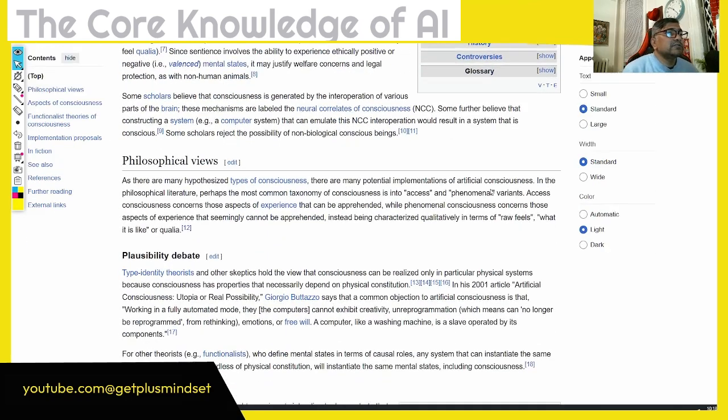So what is actually the philosophical view? There are many hypotheses about types of consciousness and many potential implementations of artificial intelligence. In this philosophical literature, perhaps the most common taxonomy divides consciousness into access and phenomenal varieties.